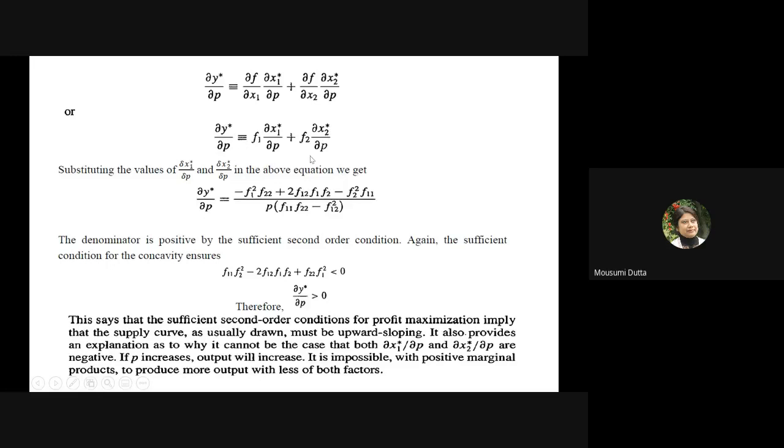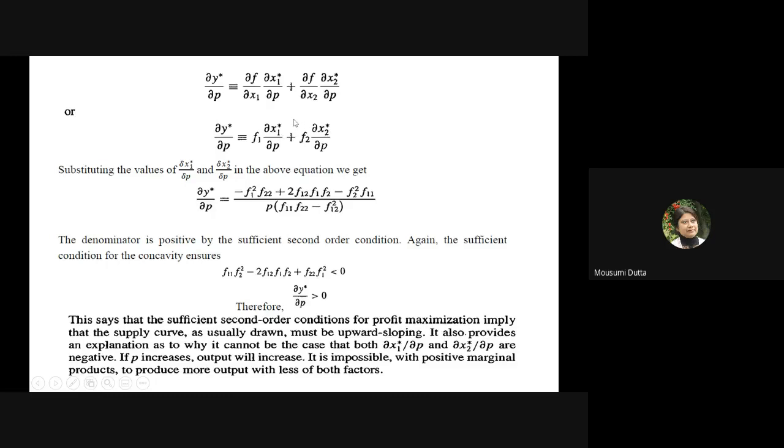So it cannot be that when the price of the commodity increases, demand for both the inputs falls. Demand for both inputs may increase, or at least demand for one of the inputs will increase.